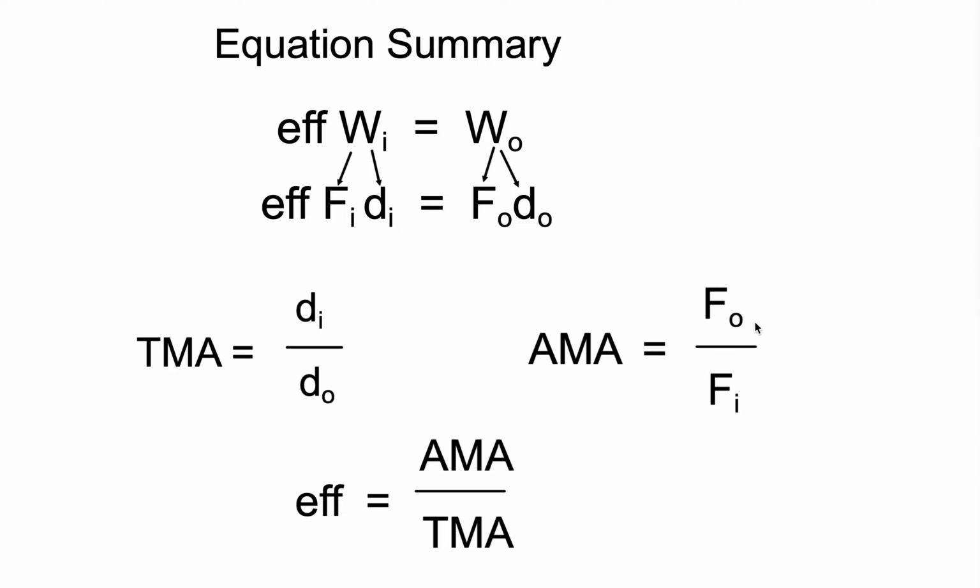Actual mechanical advantage is the output force over the input force. And because if there's no friction, AMA and TMA will be the same. If there is friction, the efficiency is the actual mechanical advantage divided by the theoretical. So let's do 2 problems. Like I said, this is all online, but I would put these equations with all of your other equations. Like make sure that everything is written down in the same spot, right?